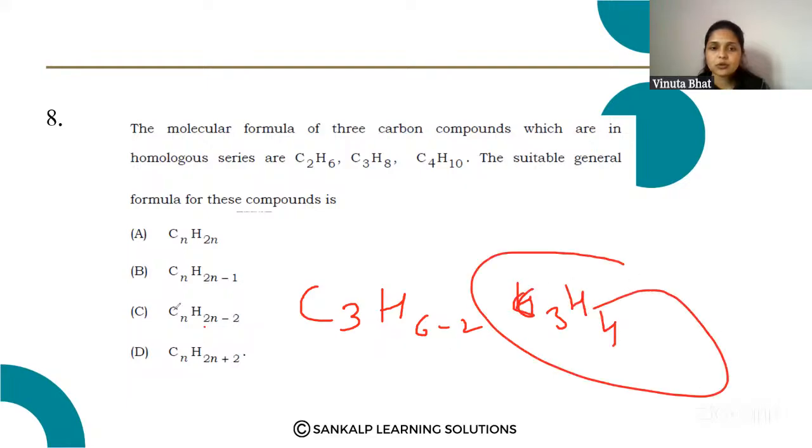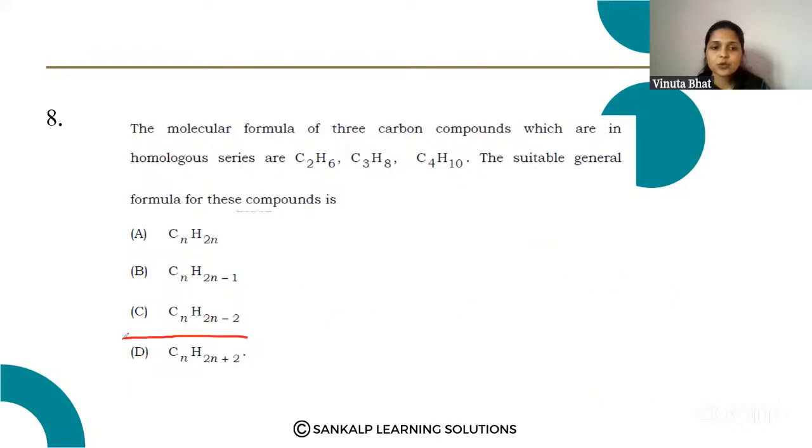So that is also wrong. The correct answer is CnH2n plus 2, option D. So all three in the homologous series are suitable for the general formula CnH2n plus 2. Option D is the correct answer.